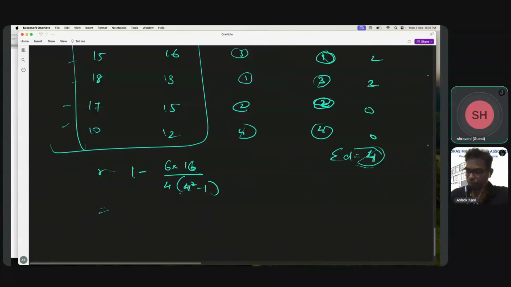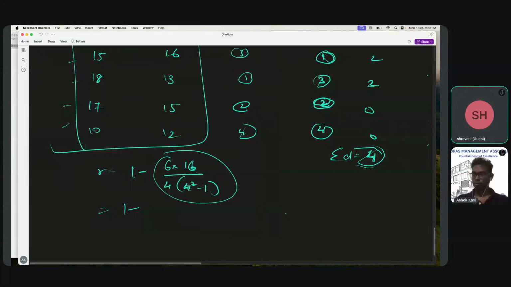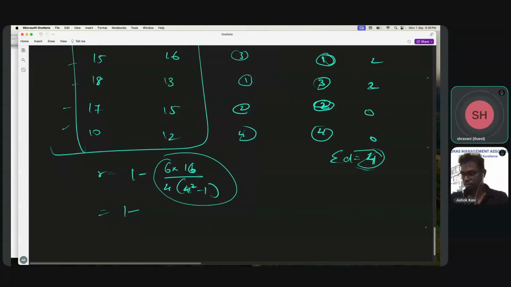Just calculate this now. So 1 minus, you calculate this number. 60, 1 minus 0.4. The final answer is 0.6. R is 0.6.